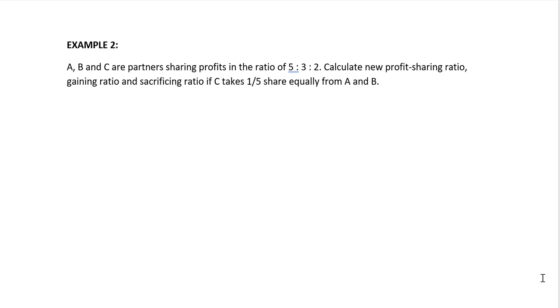Example 2. A, B and C are partners sharing profits in the ratio of 5:3:2.